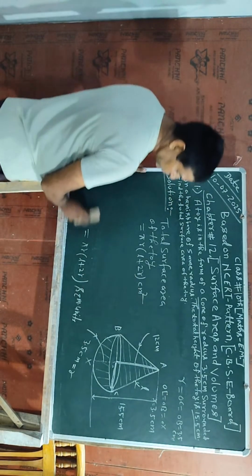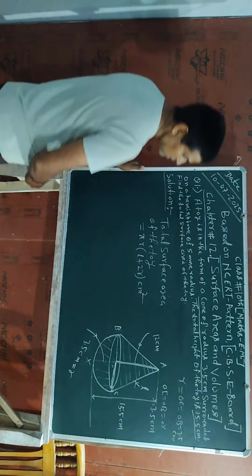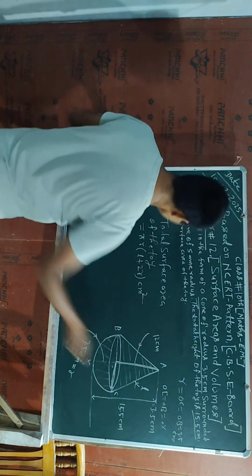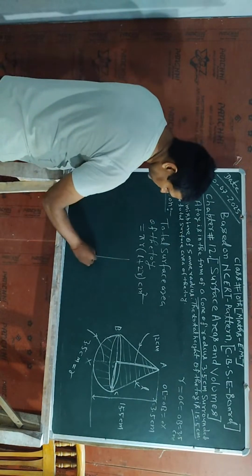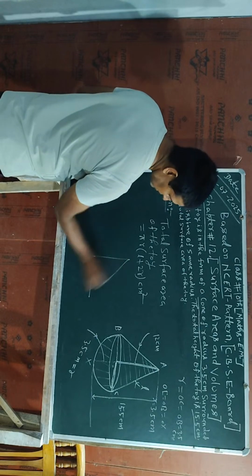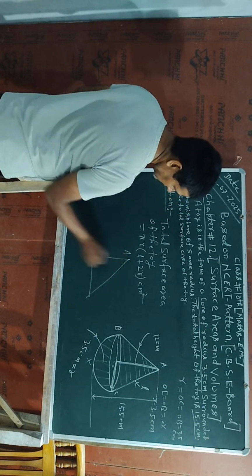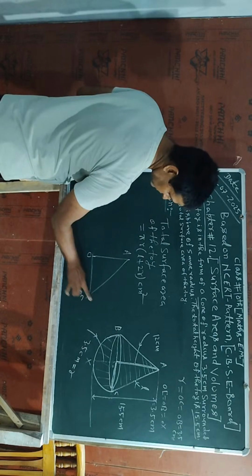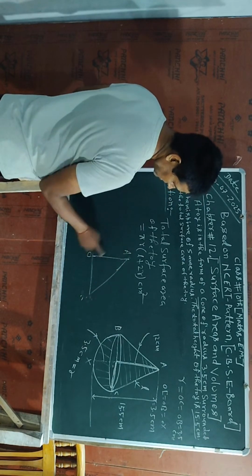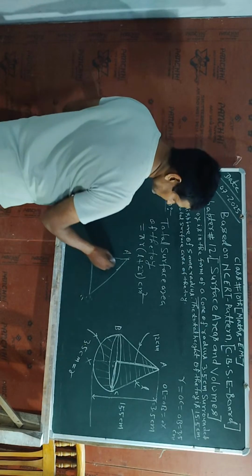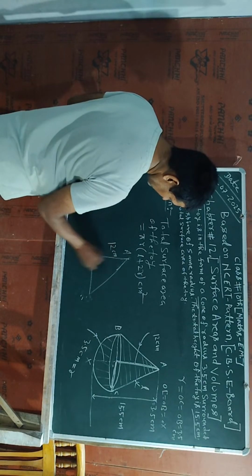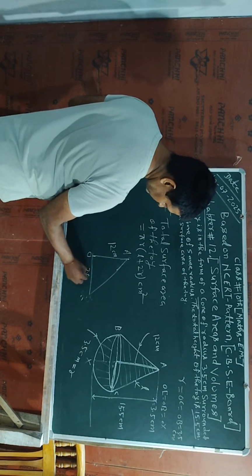Now further I have to get the value of L by using the Pythagoras theorem in the triangle AOC. Here I am going to make a triangle like this, AOC. So this length I have calculated, 20 centimeter, and this length is 3.5 centimeter.